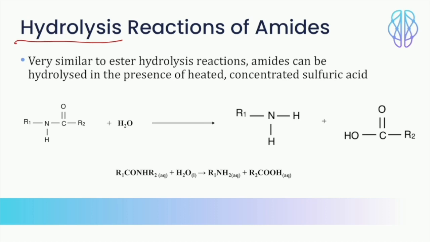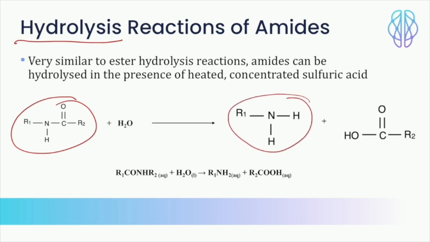Where you break apart the amide, in this case, into its corresponding amine and carboxylic acid. So essentially you're doing the reverse of the reaction between these two, right? This requires a couple of things. You usually need concentrated sulfuric acid, so don't forget to write that. Sulfuric acid is a dehydrating agent and a catalyst in this case.